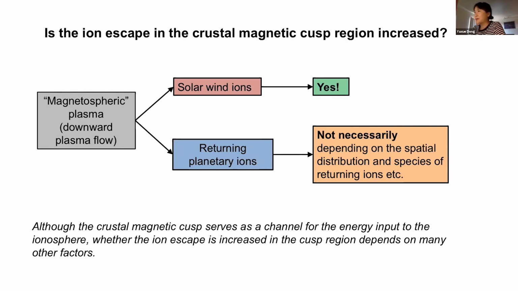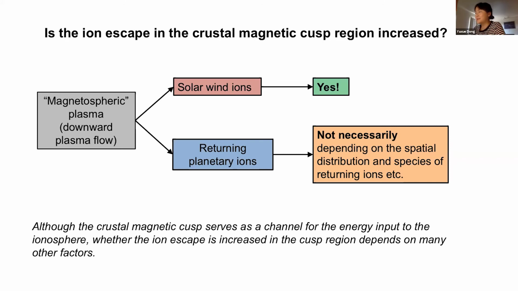It depends on what species the returning ions are and what the spatial distribution of the returning ion fluxes is. For example, if the returning ions tend to be one specific species like protons, it will increase the escape of other species of planetary ions like heavy ions.